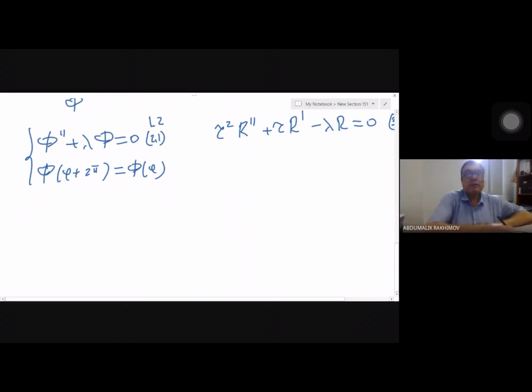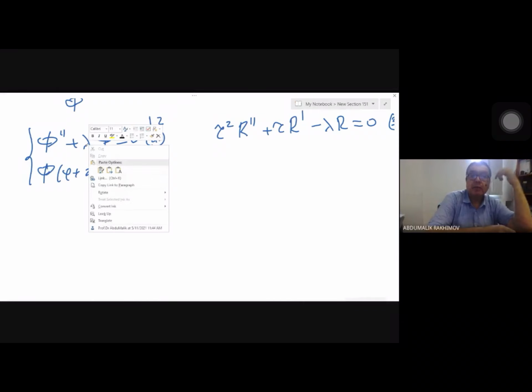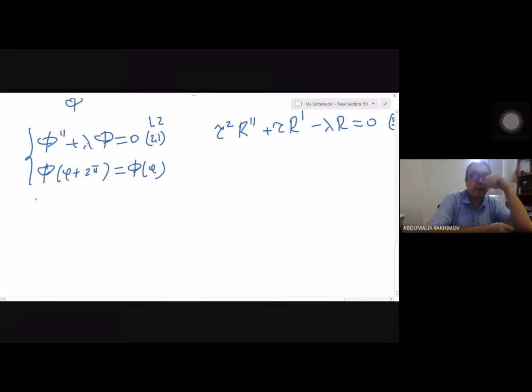You need to find those values of lambda for which equation 2.1 has a periodic solution. Remember about 2.1, the solution depends on the sign of lambda. If lambda is negative, it is hyperbolic functions, right? But hyperbolic functions are not periodic, so lambda cannot be negative.